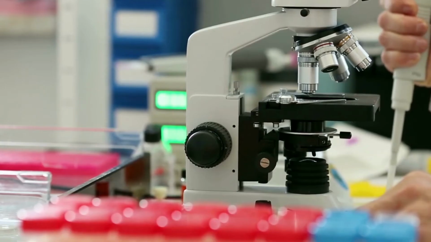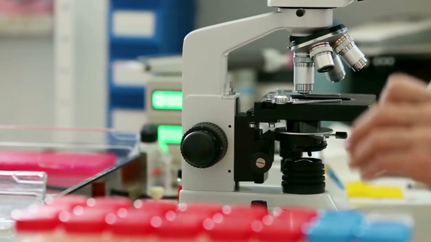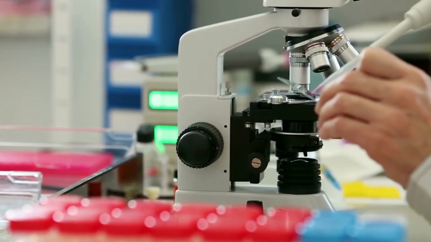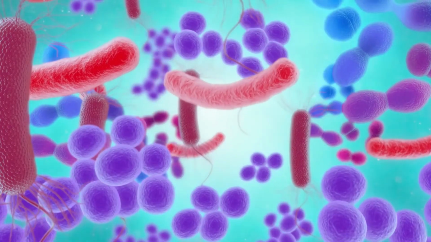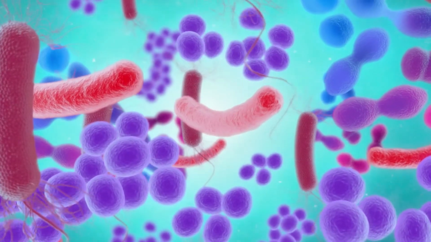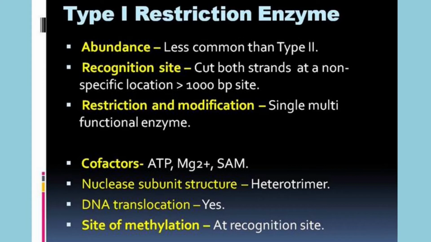Type 1 restriction enzymes were the first to be identified, in two different strains, K12 and B of Escherichia coli, and these enzymes cut at a random distance, at least 1000 base pairs away from their recognition site. These enzymes are multifunctional and capable of both restriction digestion and modification activities, depending upon the methylation status of the target DNA.